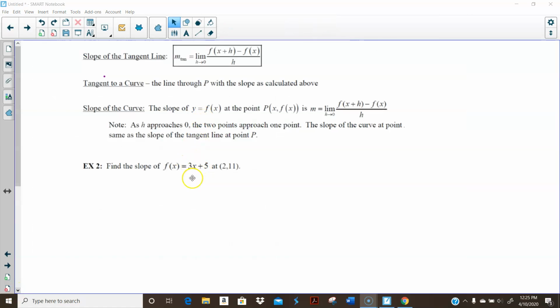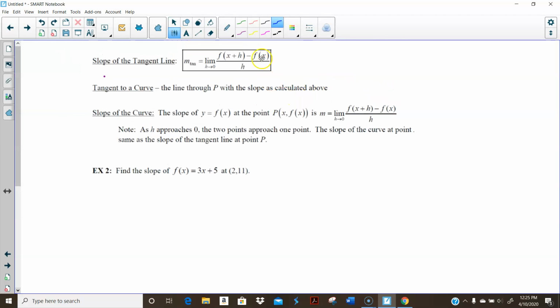Now, even though we know that the slope is 3, because the function is linear, let me show you how you could actually use this formula to find the slope in a different way. We're going to use this formula right here, and we will get 3 again, but let me show you how this formula works. So let me get my pen.